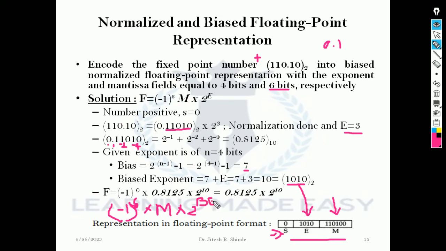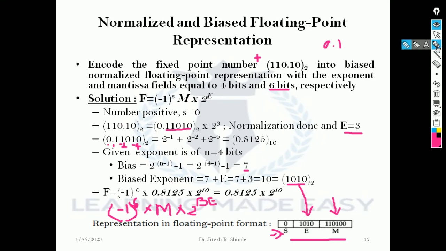In the earlier slides I had written the formula as 2 to the power E. Now in the normalized case, we write the formula as 2 to the power biased exponent. The biased exponent here is 10, so 2 to the power 10. So the answer is 0.8125 into 2 to the power 10.